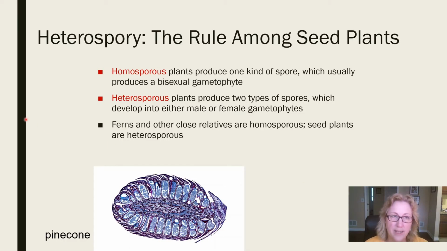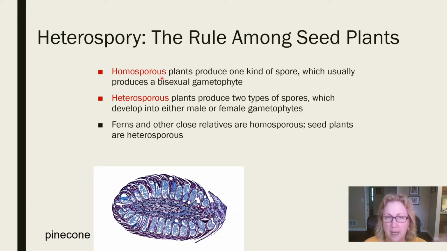So seed plants are heterosporous. The sporophyte produces two kinds of spores, and in general, almost all of these plants, a single plant produces both male and female spores. It's not always true, but it's mostly true.